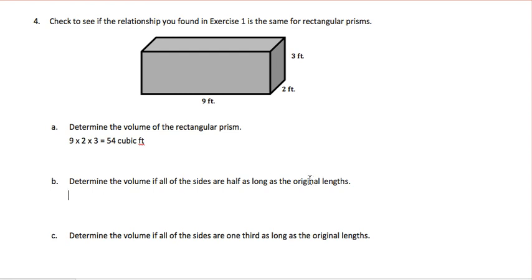And then if all the sides are half as long as the original lengths, that would be 9/2 times 2/2 times 3/2, which would be 54/8. And that simplifies to 27/4.